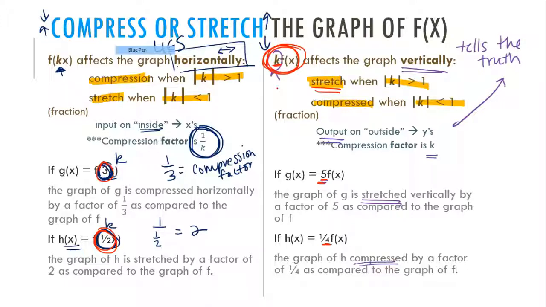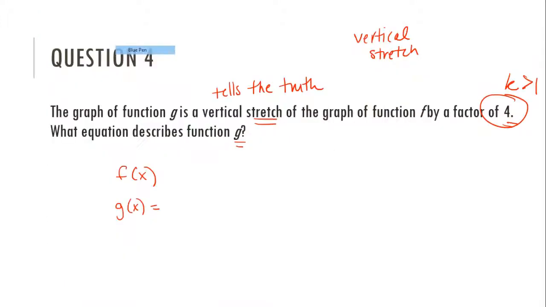That k is going to be out front. So my factor is 4. So 4 times f of x. That's it. That's the equation that's going to describe the function g in terms of f of x.